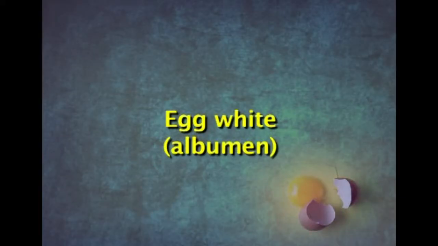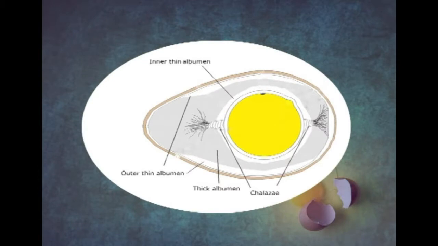Now, egg white or albumin consists namely of four layers. First, the chalaziferous or the inner thick white, then the inner thin white or albumin, then the outer thick or firm or dense albumin, and outer thin albumin.